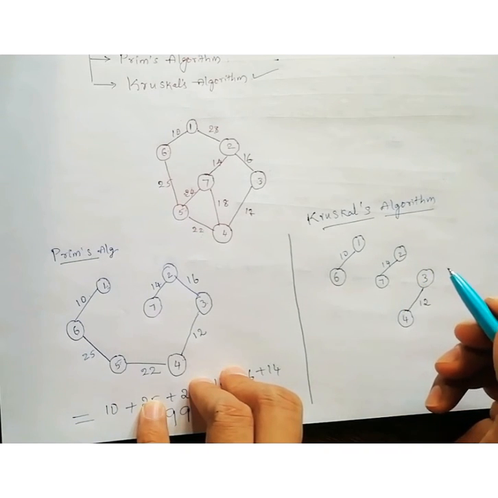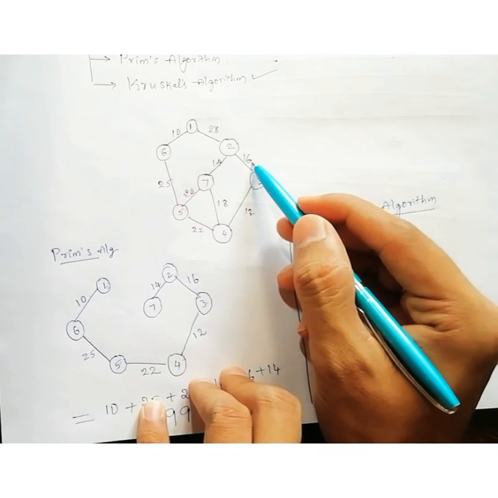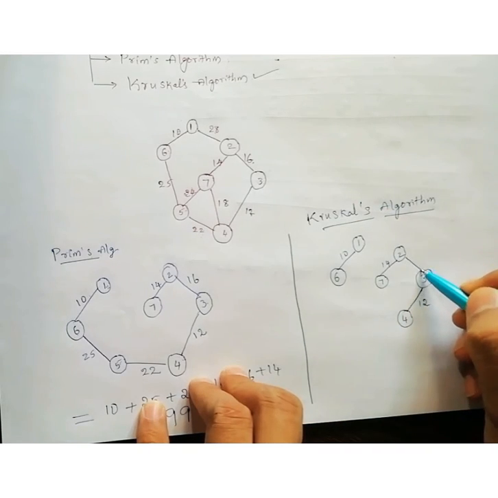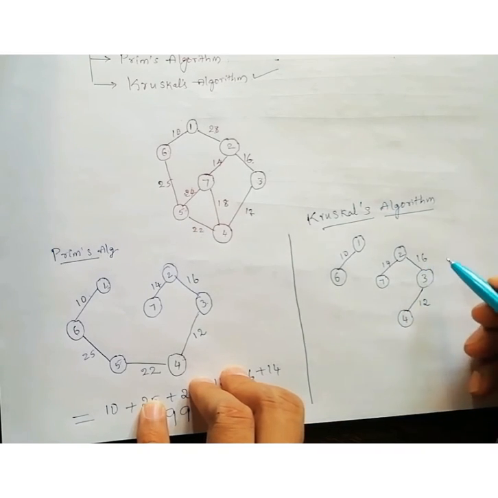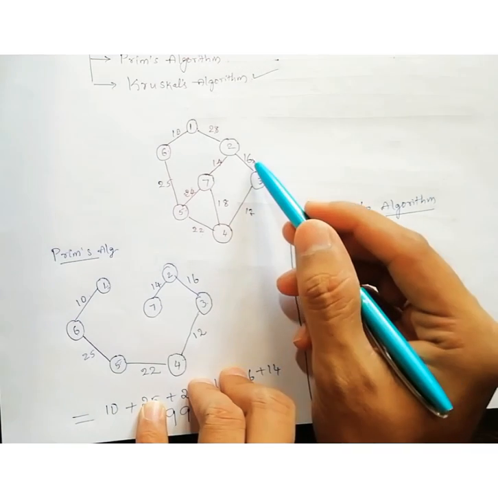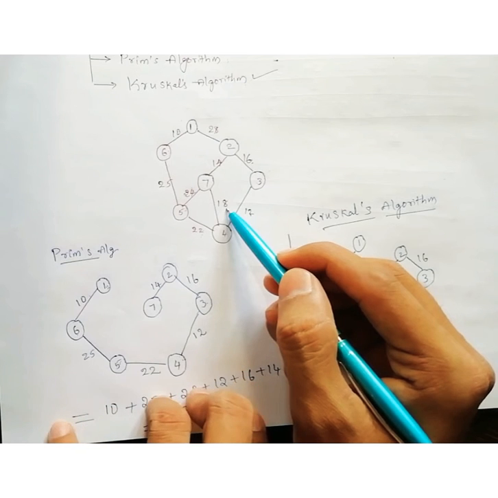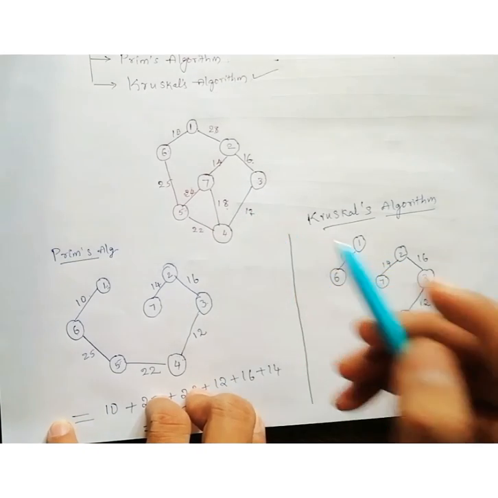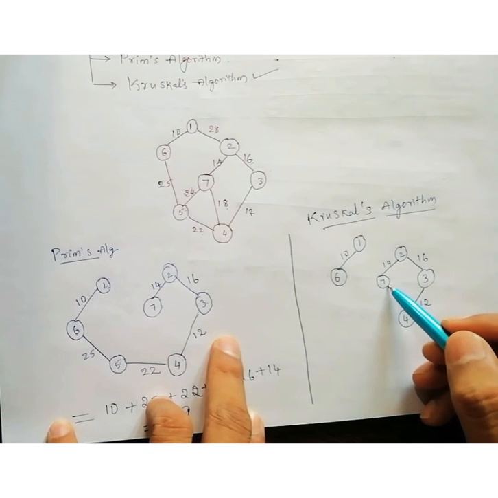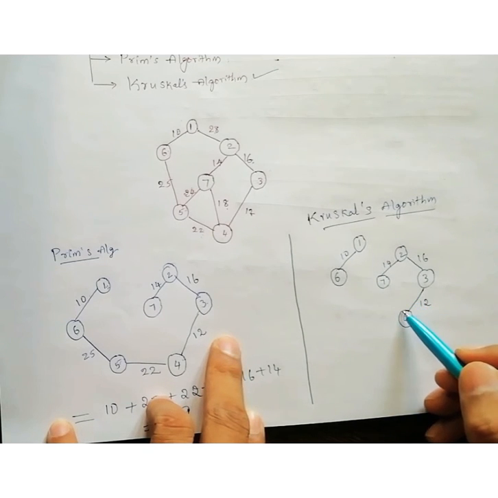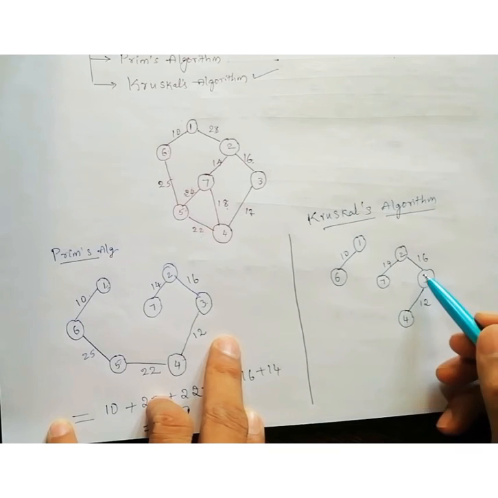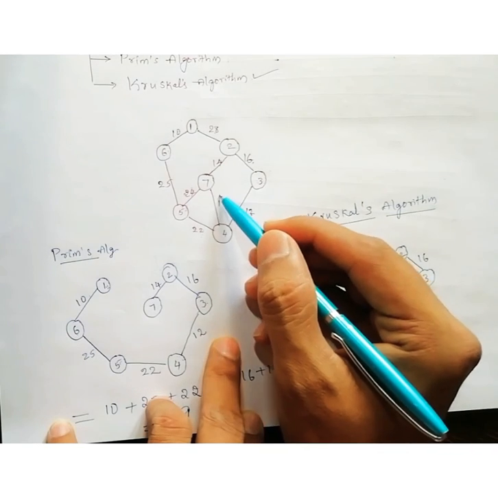Next minimum weight is 16. So I will consider this. Next minimum weight after 16 is 18. But you have to keep in mind, a spanning tree should not contain any loop. If you consider that weight, it will make a loop. So don't consider 18.